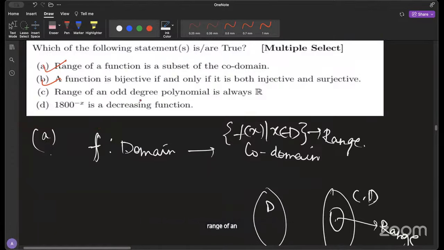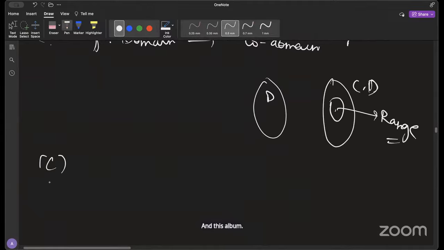Range of an odd degree polynomial, and this other one. Let's discuss the C one first. Range of odd degree polynomials. Let's say a naught plus a1x and so on up to a_n x to the power n.